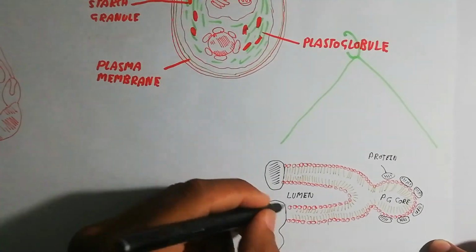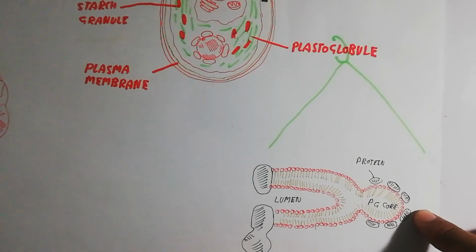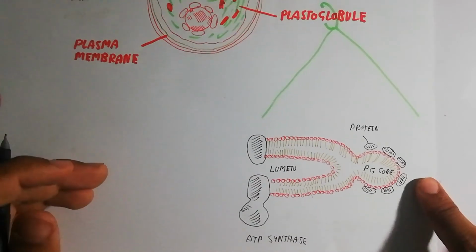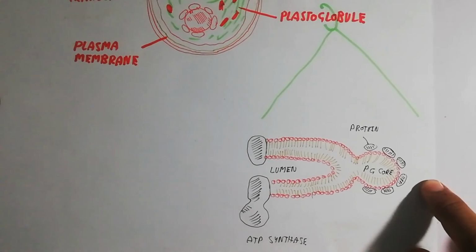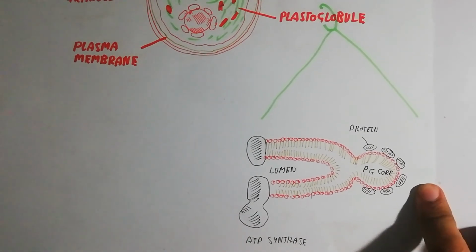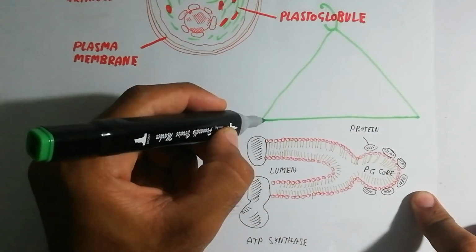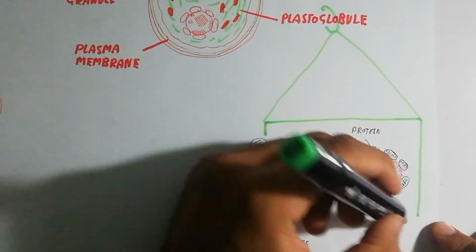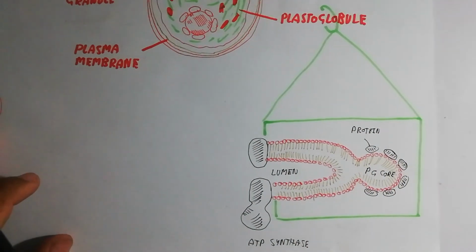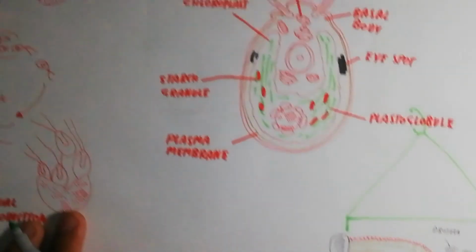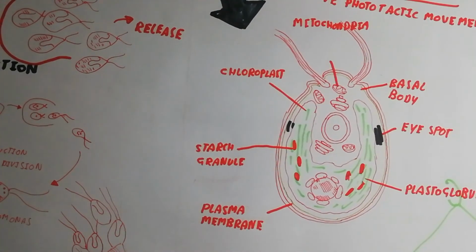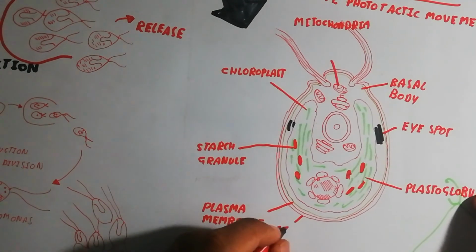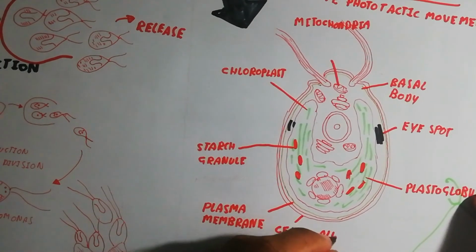Here is the plastoglobule, which is very important. It is an outer projection of the thylakoid membrane, covered by protein, and we will talk about their process in the next video. Here are the plasma membrane and the thylakoid membrane, covered by the outer projection, which is protein bound by the PG core.